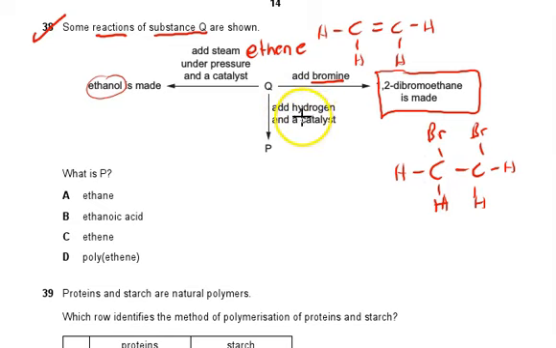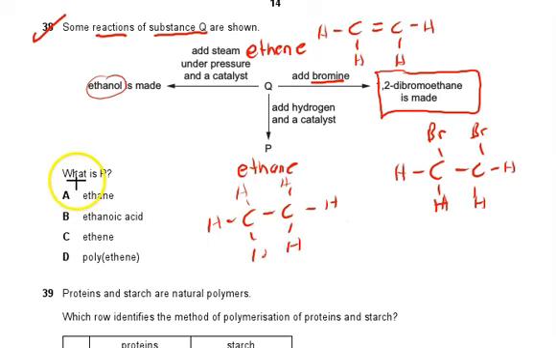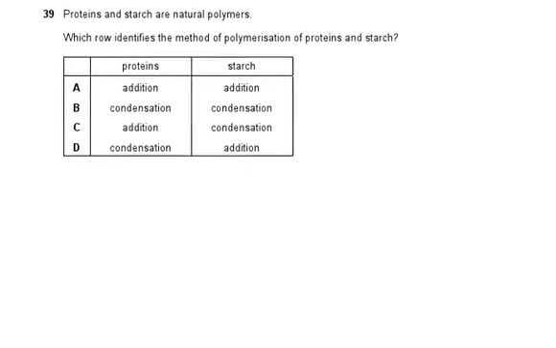If you add hydrogen, this will become a hydrogenation process, and here you have ethane. So everything is hydrogen here. And what is P? So P here will be ethane. A. Okay, now let us move to question number 39.